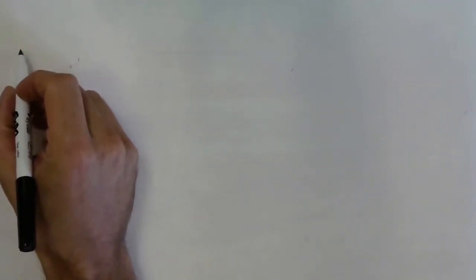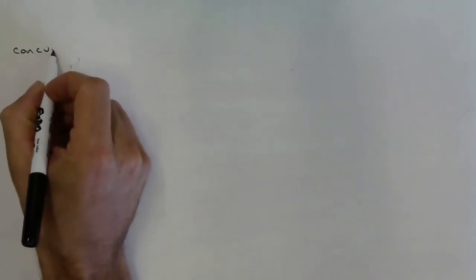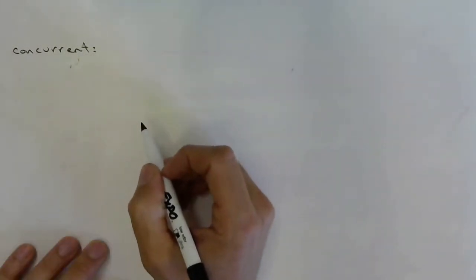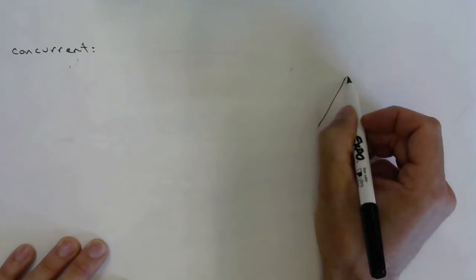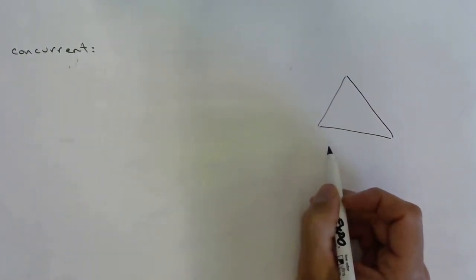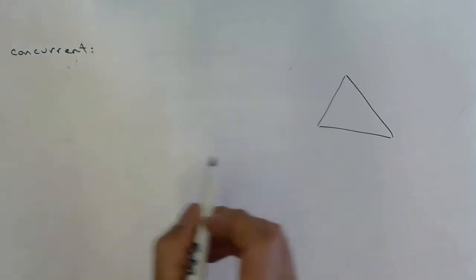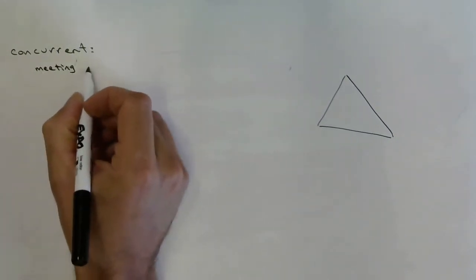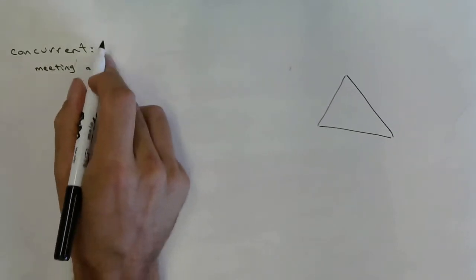But before we do that, you have a note on the word concurrent. You have a little triangle here to help us talk about some things. Concurrent simply means meeting at a single point.